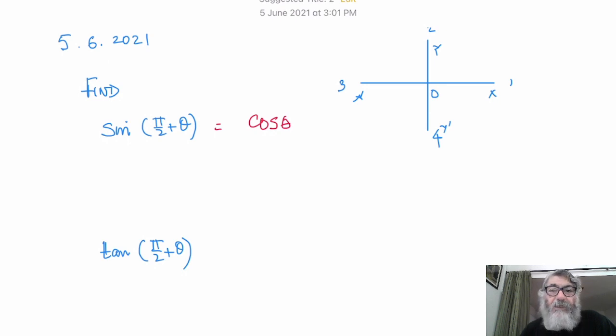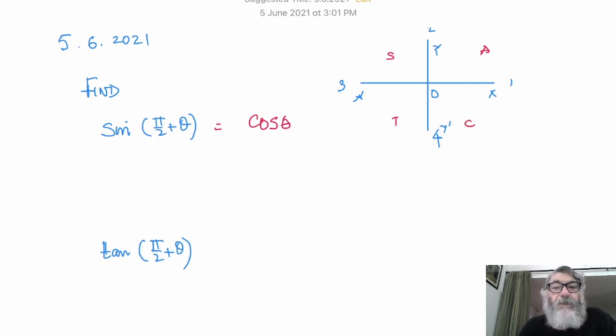Here it is sine, and sine is positive in the second quadrant. Add sugar to coffee.